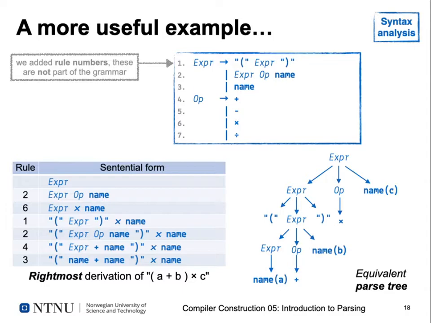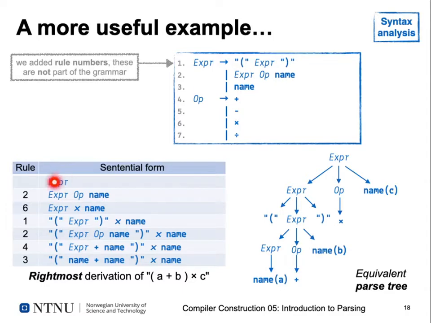So let's look at some sentential forms, some stuff we can derive here. One thing we see is name here. Name is just a token class we use for a parser, so that can be an identifier for a variable name. So this is not necessarily matching a specific variable with a specific name, but a class of variables, for example.